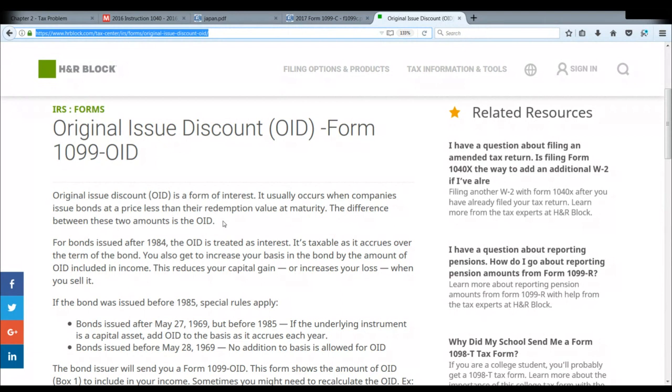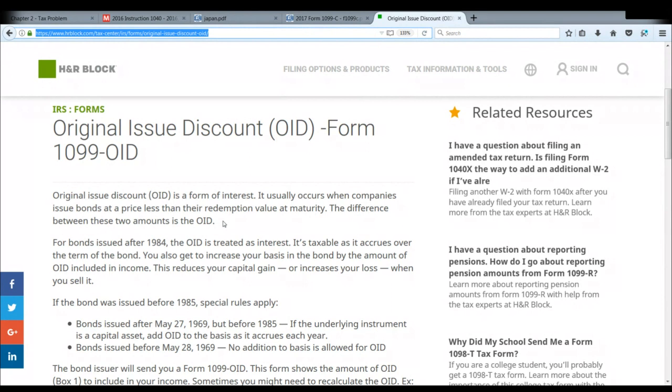The difference between these two amounts is the OID. So remember, it may be at a certain amount of $1,000, but they may issue it at, say, $400.